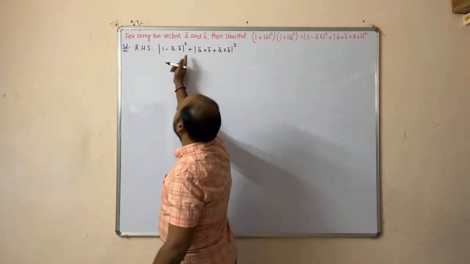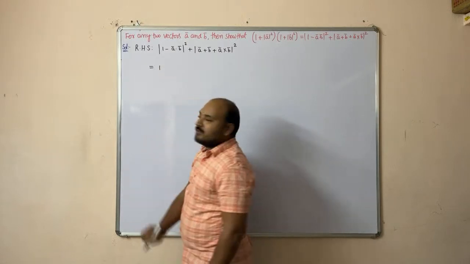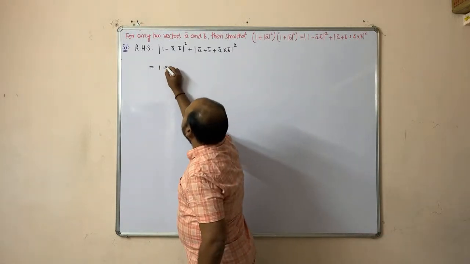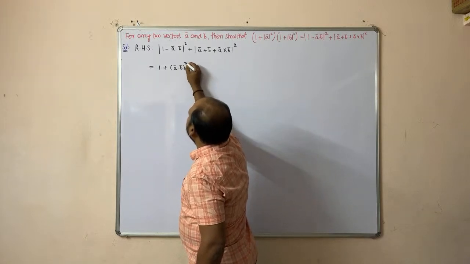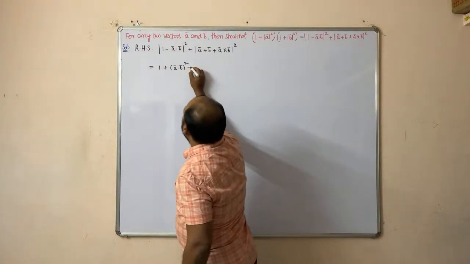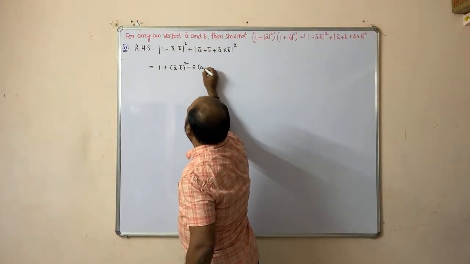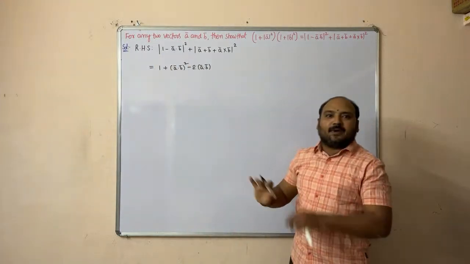So that is equal to 1 square, that means 1, plus A bar dot B bar whole square, minus 2 into A bar dot B bar. So first term expansion completed.